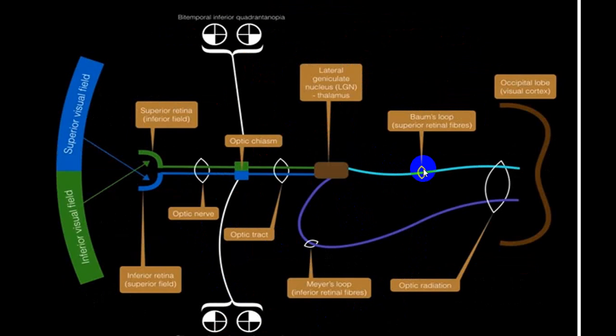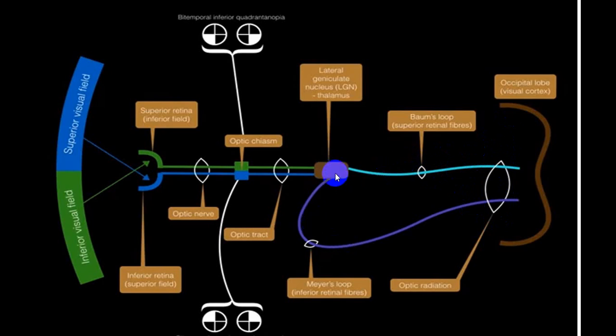So these are superior fibers, these are inferior fibers: Meyer's loop, this is Baum's loop, and this will be responsible for the inferior field, this for the superior field, and combined together we call that the optic radiation. So these are part of the optic radiation.